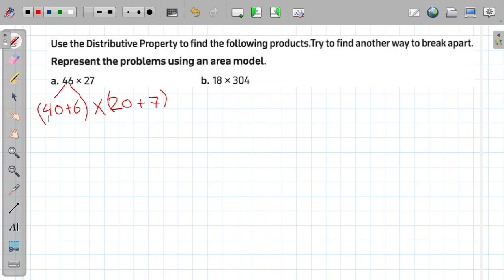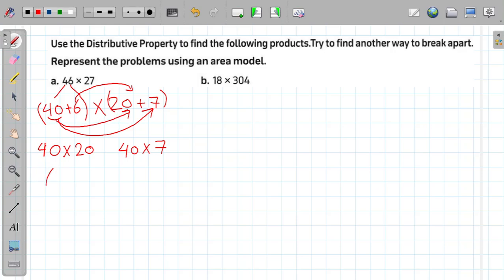I want to multiply 40 by all of these numbers. I have 40 times 20 and 40 times 7. Okay, next I want to multiply 6 by the second bracket, so I will multiply 6 by 20 and 6 by 7.